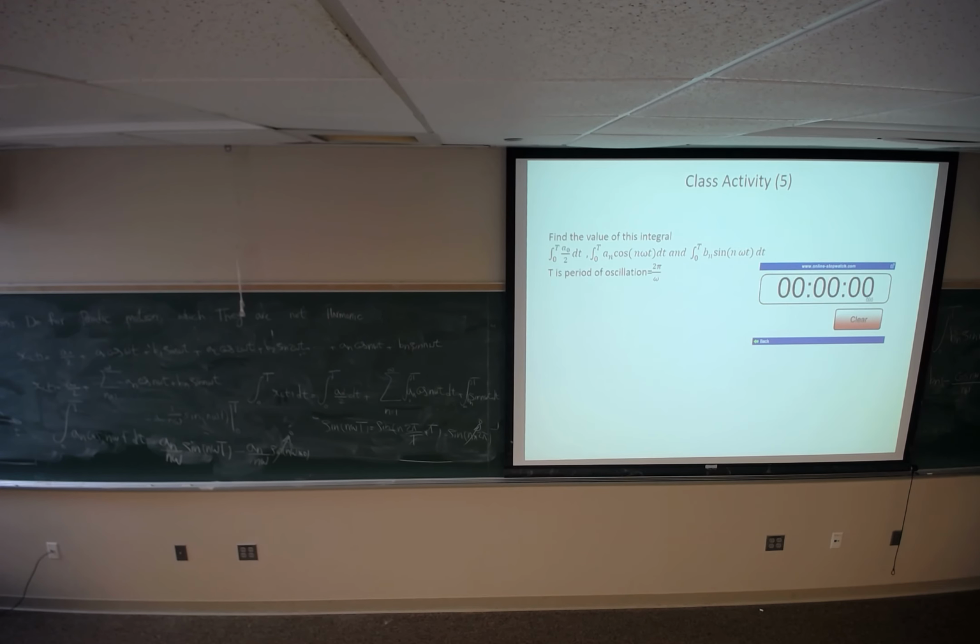Now I'm going to plug in time here. For this one, I will get negative Bn divided by n omega cosine of n omega T, minus, we have two minus, it's gonna be positive, Bn cosine of n omega times 0 divided by n omega.